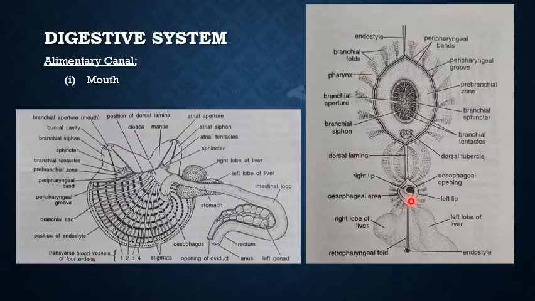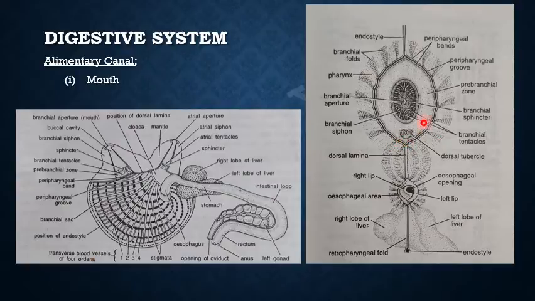Now this diagram is showing the relations of the branchial siphon, branchial folds, peripharyngeal bands with groove, esophageal area, dorsal lamina, and endostyle. This is a cut open view of the pharynx.